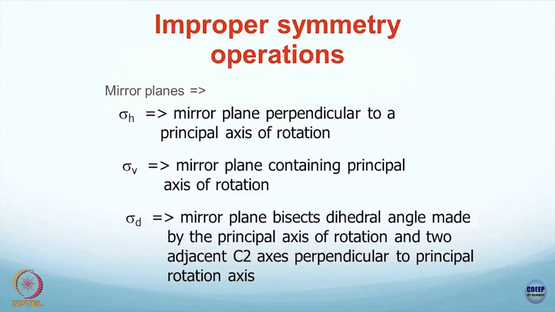Sometimes you look at a molecule, and it will have a two-fold axis symmetry, a three-fold axis symmetry, and a four-fold axis symmetry. If you have that, then the principal axis is only the four-fold axis. The others are not the principal axis. And if the sigma v plane which you are going to consider contains that principal axis, then the notation is sigma subscript v, and that is a plane of symmetry.